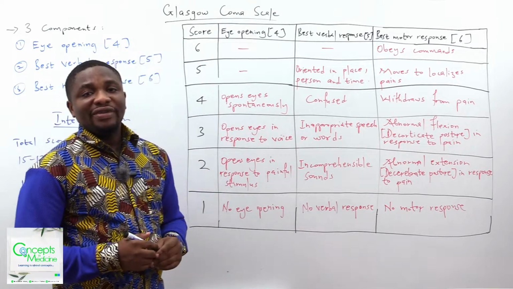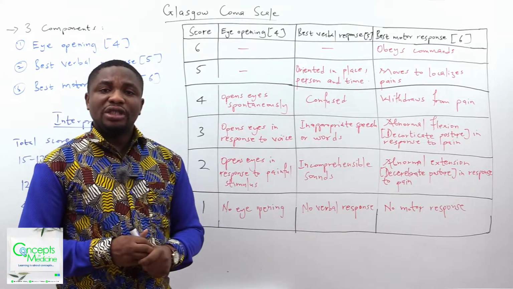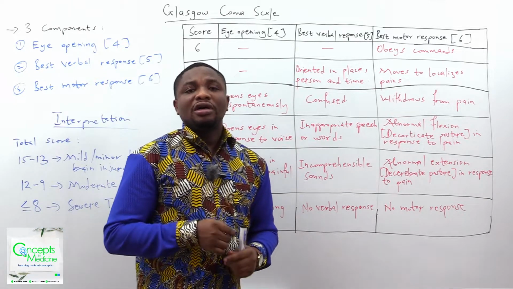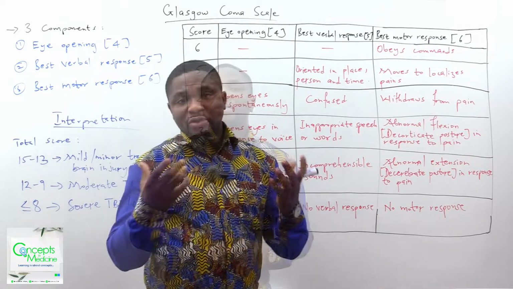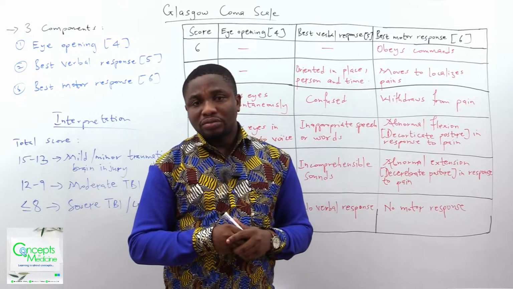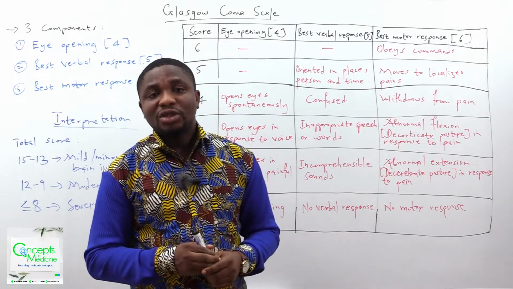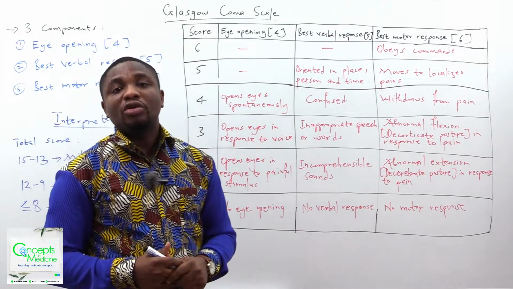A score of 2 is given if the patient opens eyes in response to painful stimulus. For that you could rub the sternum, where the patient would open the eyes in response to that. The pain we are talking about here is inflicted through the rubbing of the sternum. And if the patient opens eyes in response to that, you give a score of 2. That is opening eyes in response to painful stimulus.